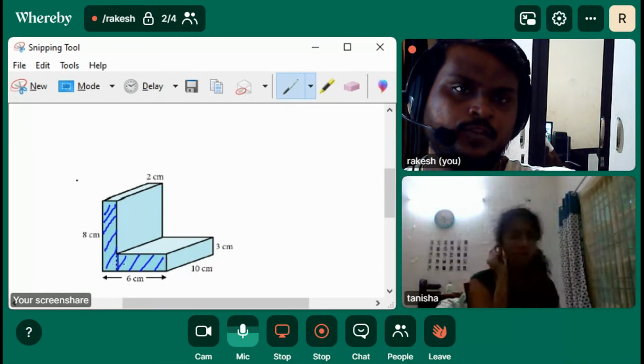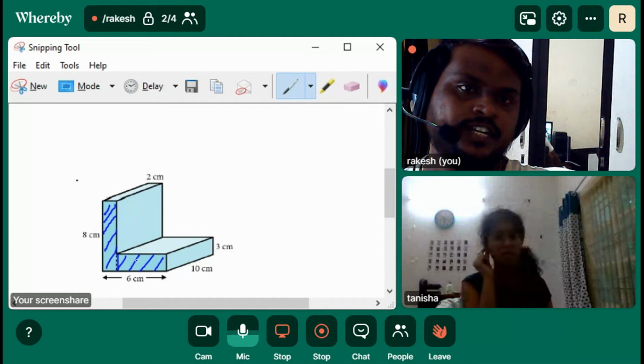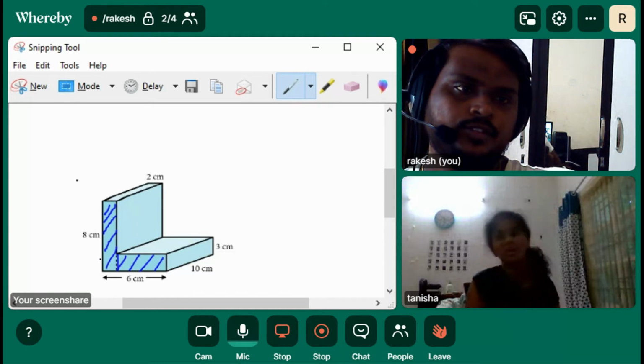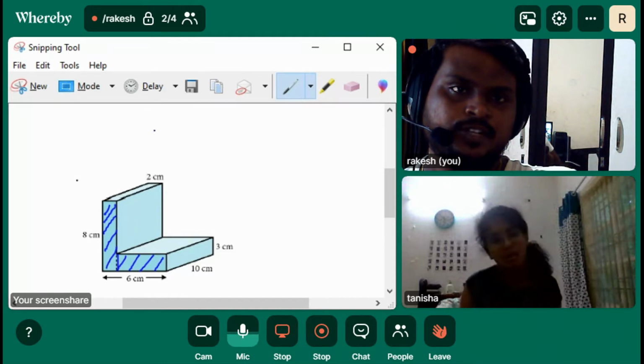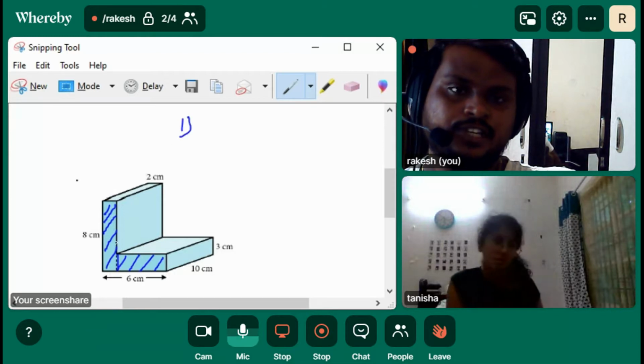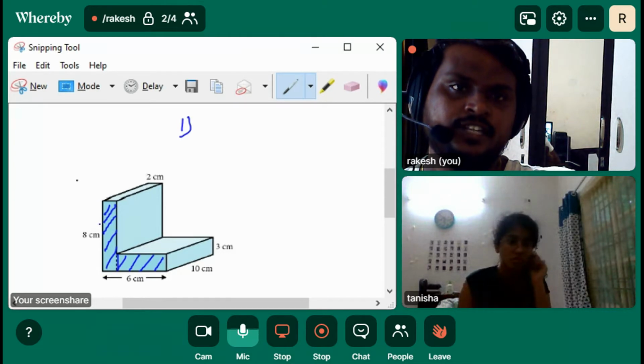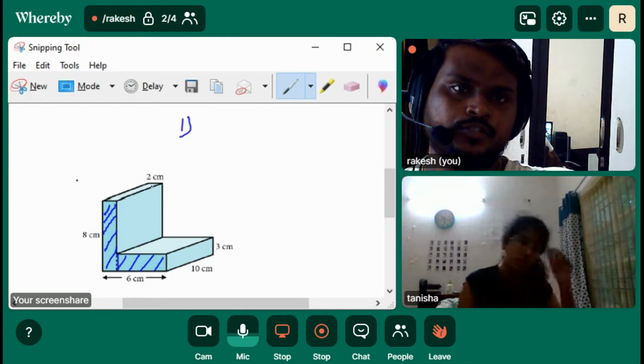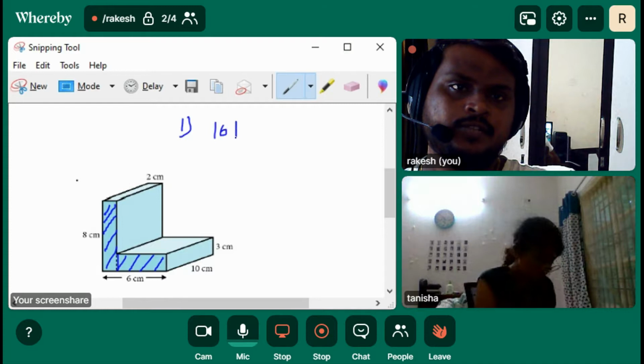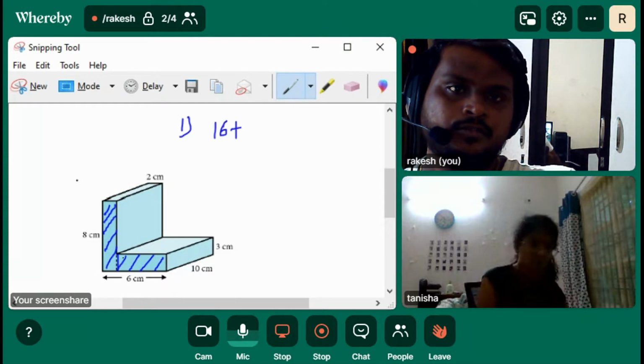This is basically the sum of two rectangles. Let me put that as one type of area. So 8 into, see, the length of this rectangle is given as 8, and what is the width of this rectangle? 2. Very good. So 8 times 2 is 16, plus we have to find the area of this rectangle now.